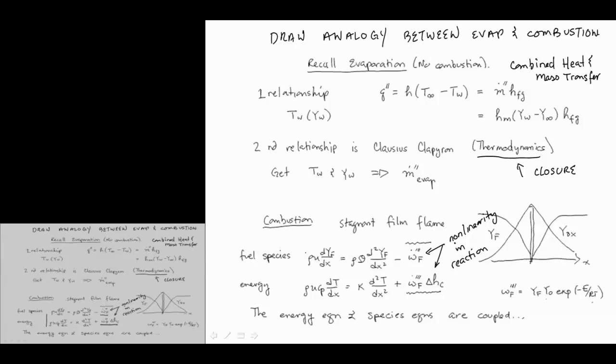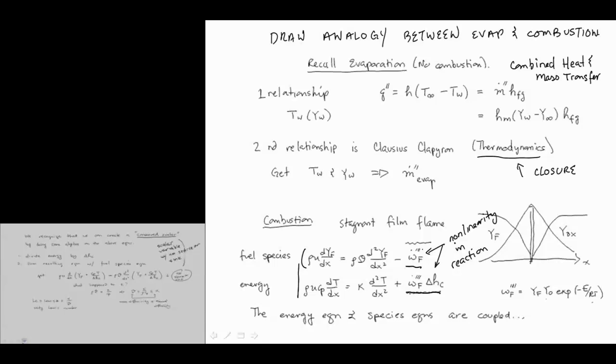A simple thing is if I multiply the fuel species equation by the heat of combustion, and then I add these two equations, that new equation constructed by adding this product of delta HC with the fuel species conservation equation summed with the energy equation should be conserved.